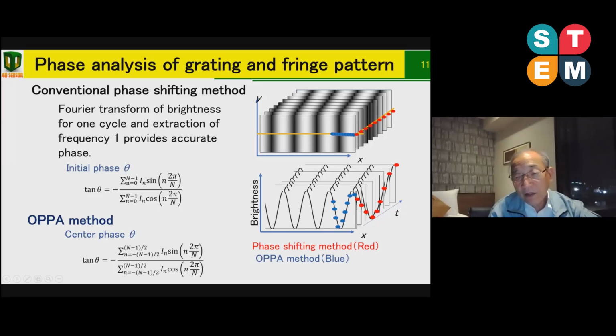But the phase shifting method analyzes the initial phase, while our OPPA method analyzes the phase at the center of the position. The phase at the center of the position is given by this equation instead of the Fourier transform. So this equation gives the extraction of frequency 1 to obtain the phase value. The same value is obtained.